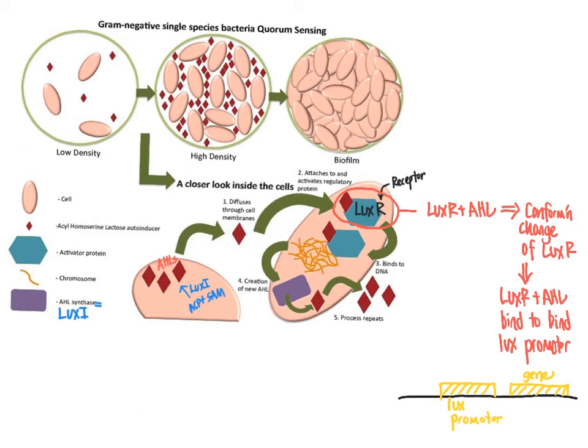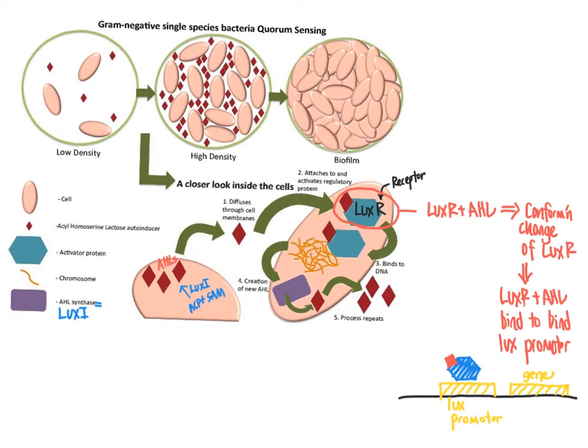And what will happen is that the LuxR, this blue protein here, will bind to that Lux promoter only when it has the acyl homoserine lactone there associated with it. So that acyl homoserine lactone in red changes the conformation of LuxR, causing LuxR to bind to that DNA of the Lux promoter that is immediately upstream of the gene that is under control of LuxR.